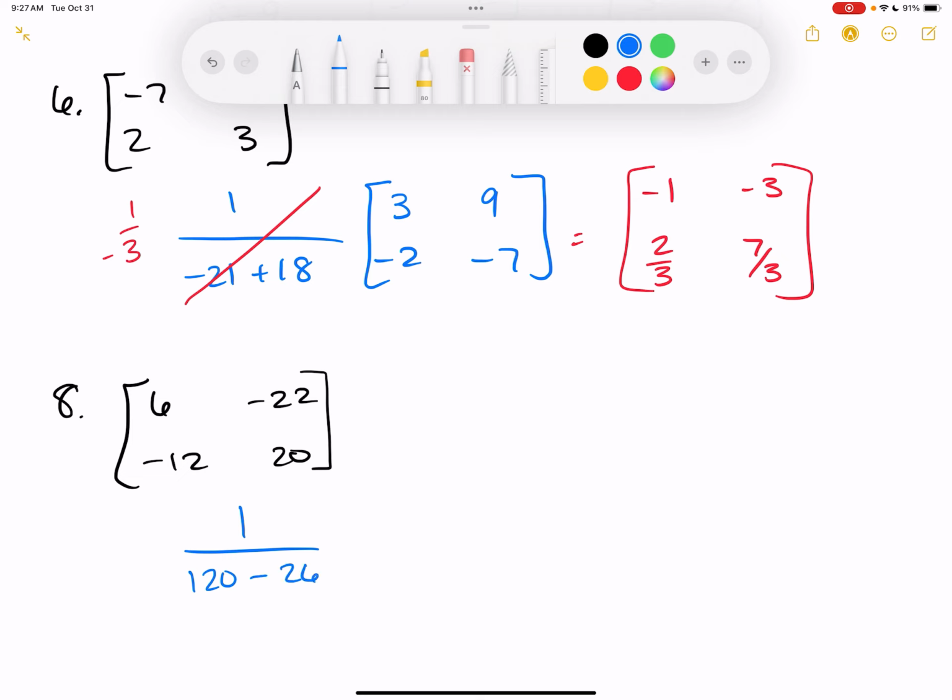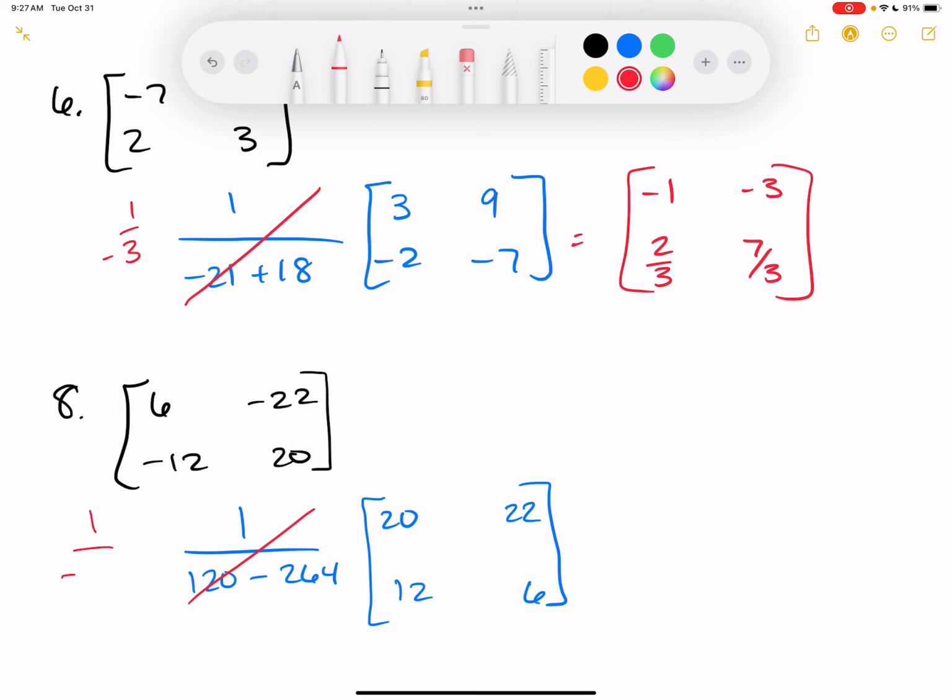But the formula is minus, so that becomes positive. 120 plus 264. And so this ends up being, I'm just going to rewrite it over here.